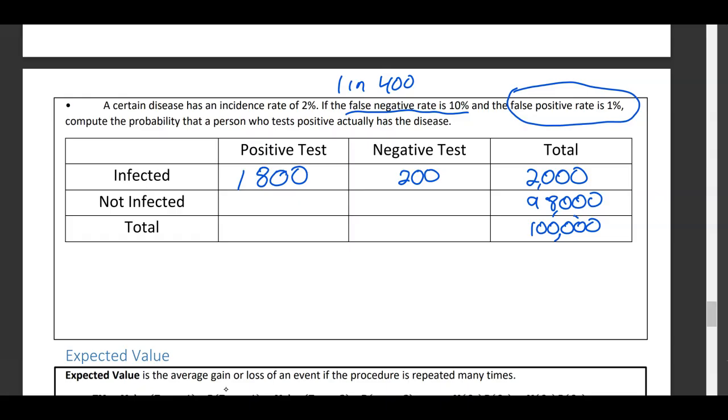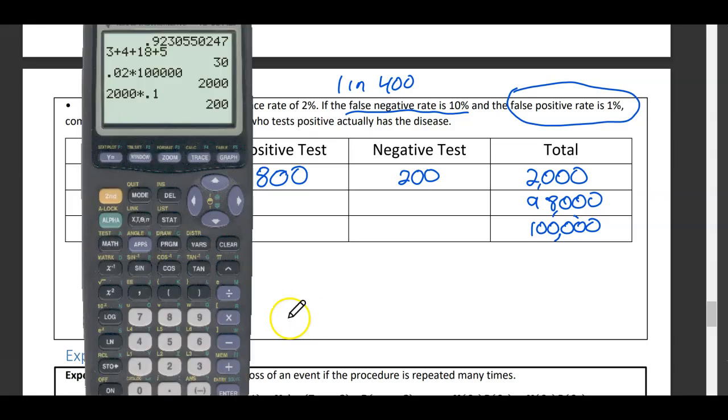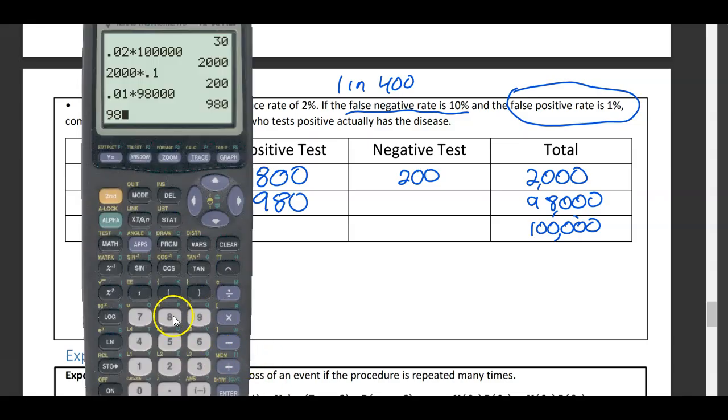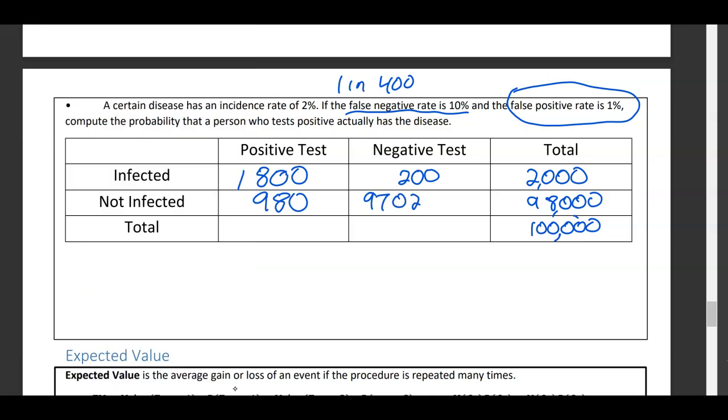So the 98,000 people that were not infected, 1% of them got a positive test result. 980 people got a false positive. The rest of them, I got to work that out, got a true negative test result. 97,020. They got a true negative test result.